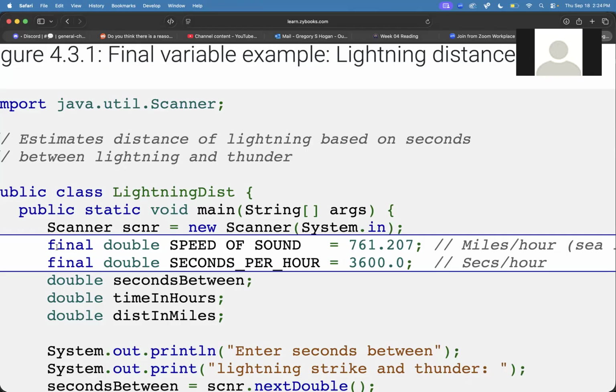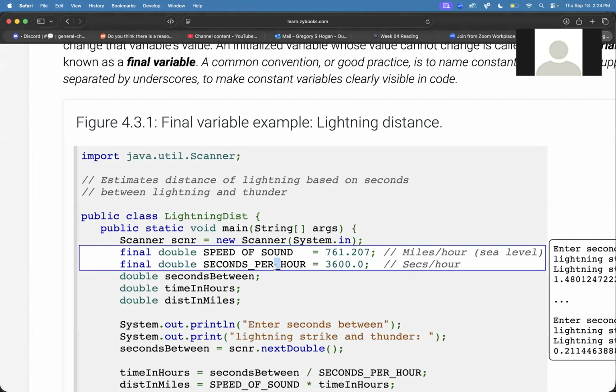The names are going to be uppercase. They're not required to be uppercase, it's just what everybody does. Like here, the speed of sound and the seconds per hour are constants, so they made them uppercase. And you could use underscores in place of spaces.